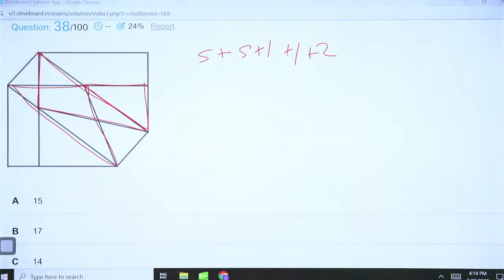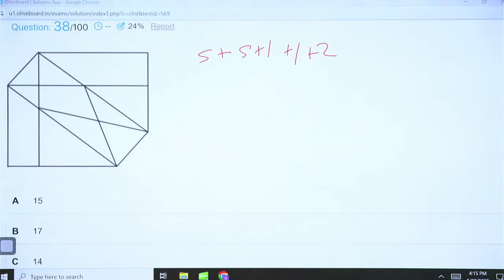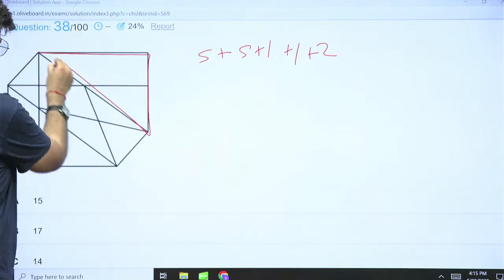You can clearly see 14 of them. 1, 2, 3, 4, 5. 1, 2, 3, 4, 5. 1, 2. And 2 others. Oh, sorry. 15.